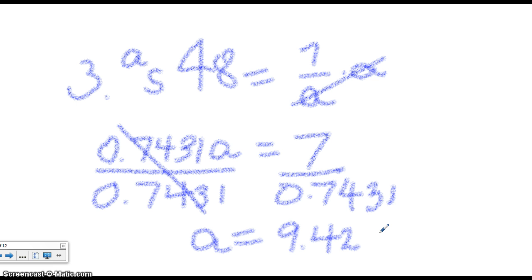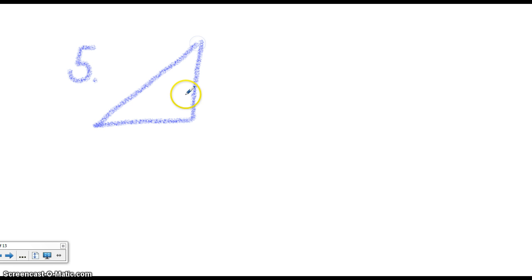So now, you guys and girls could finish number 4. Let's go ahead and take a look at number 5. So number 5, they have a triangle drawn for us, and we have all the parts of the triangle that we need to figure out that length of x.